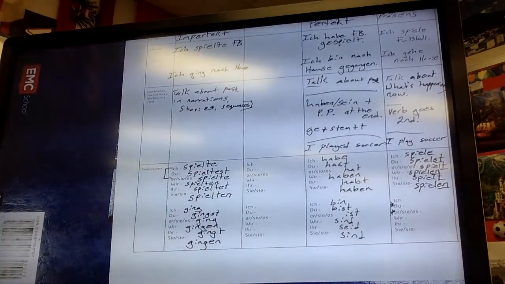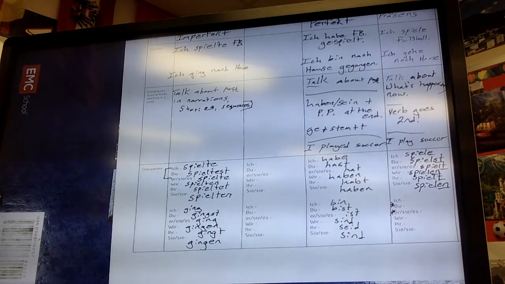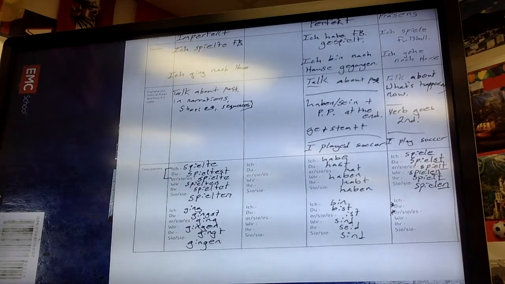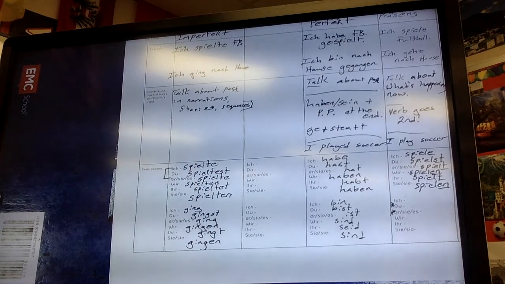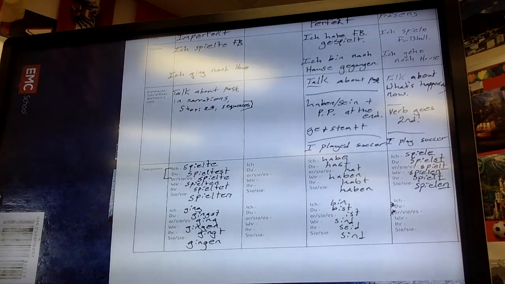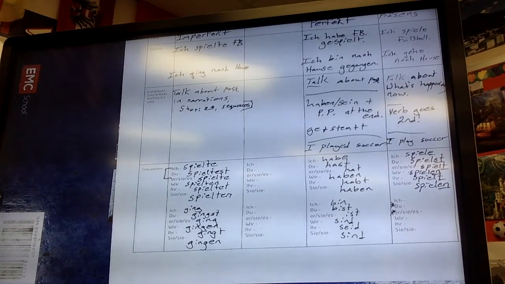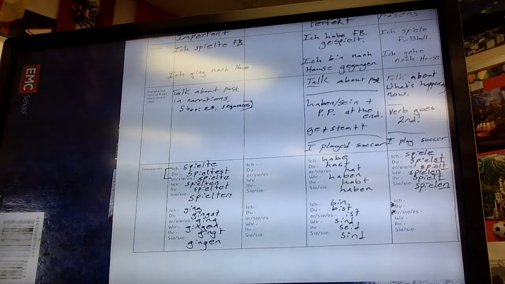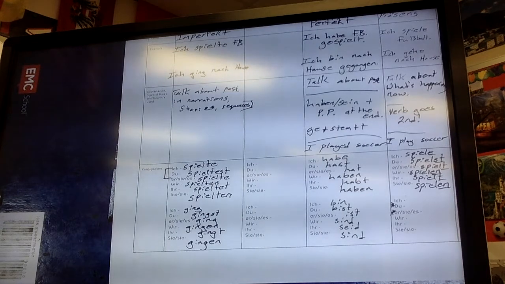So if we got a lot to say about the past, we want to tell a story that's going to go on for a few sentences. We might switch to the narrative past because it's more efficient. If you're writing, typically going to do so in the narrative past.